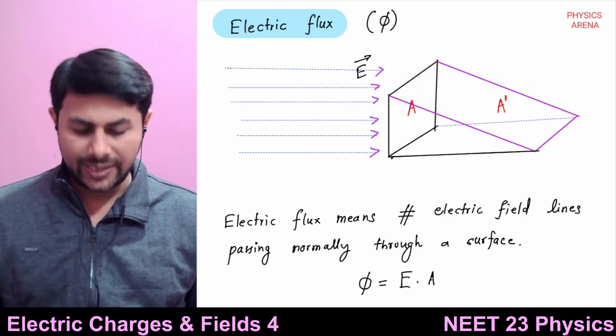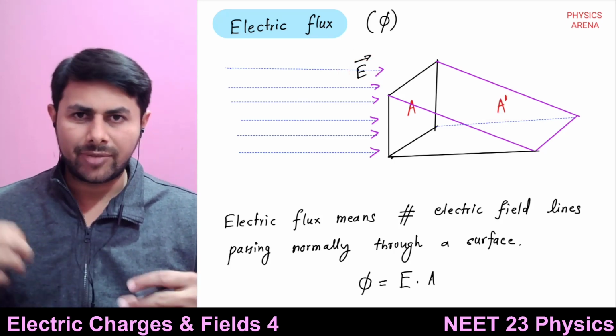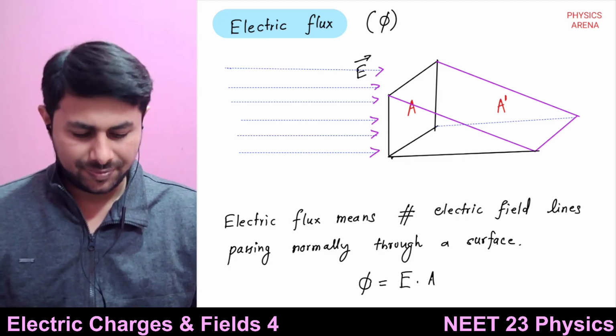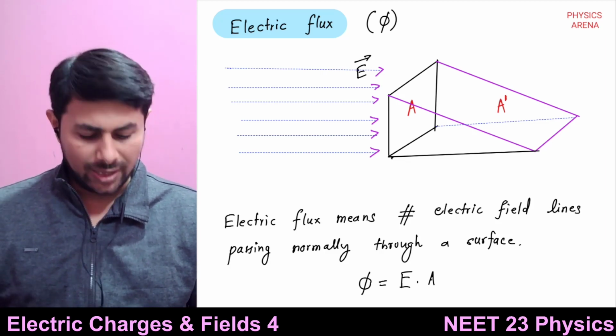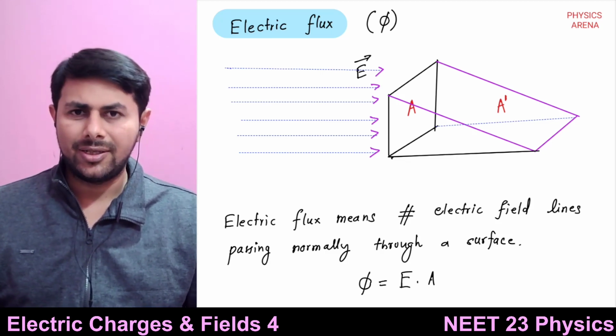So if you just take the product of E and A dash, you will get a much bigger number, right? So this is not how we can define the flux.